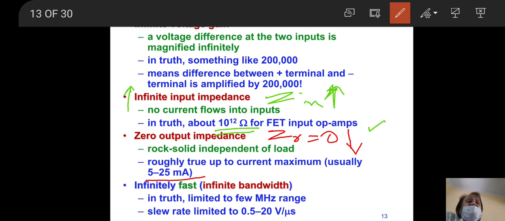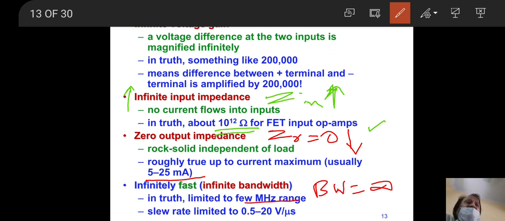The last one is infinitely fast, that is, infinite bandwidth. The bandwidth is ideally infinite, but in the operational amplifier it is limited to the megahertz range.